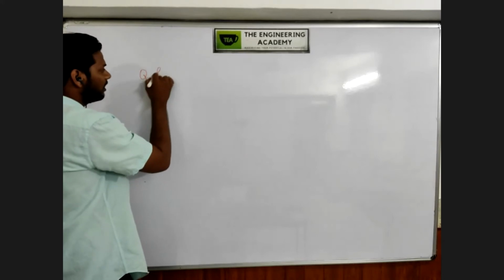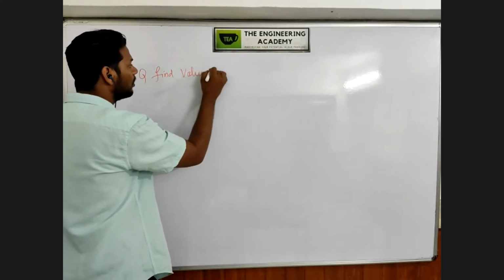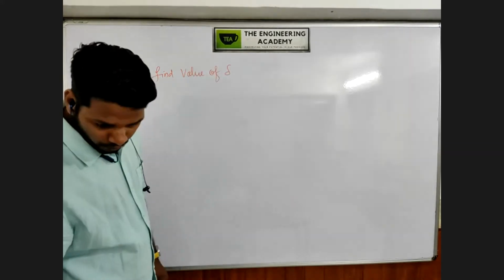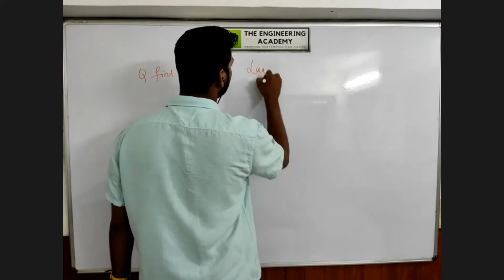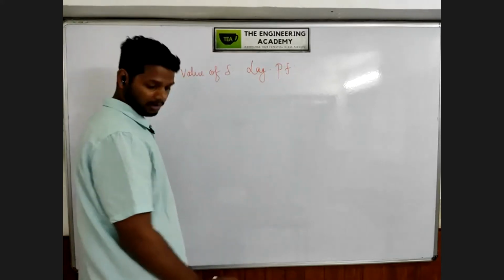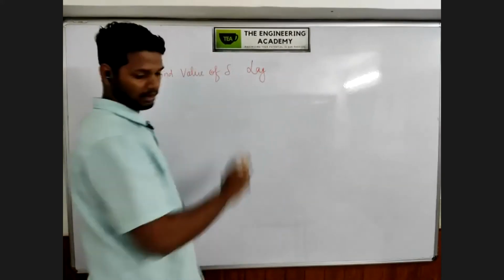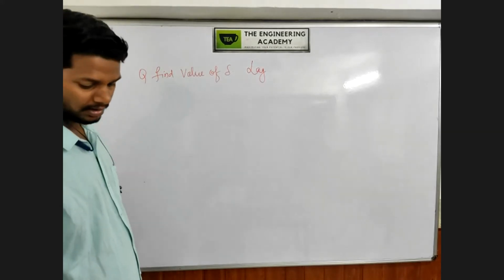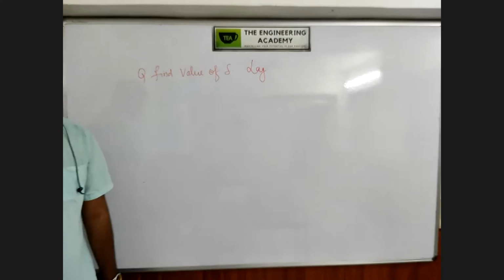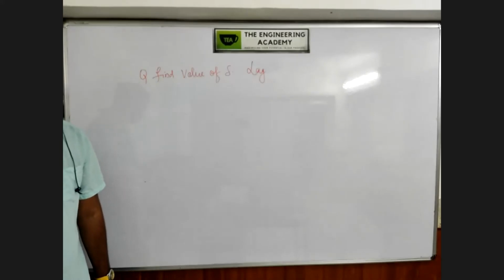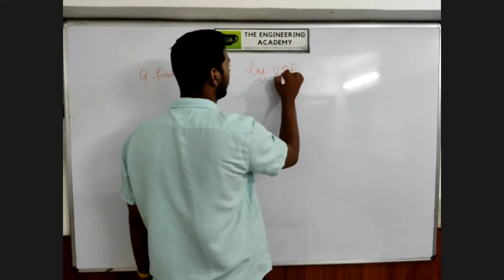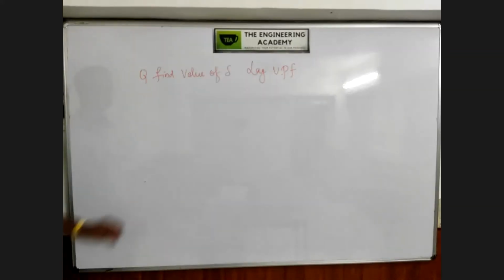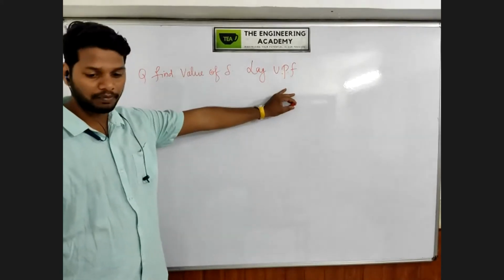The question is: find the value of del for lagging unity power factor.